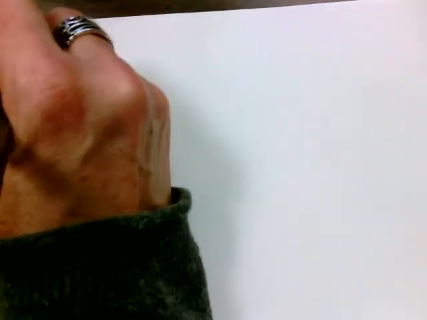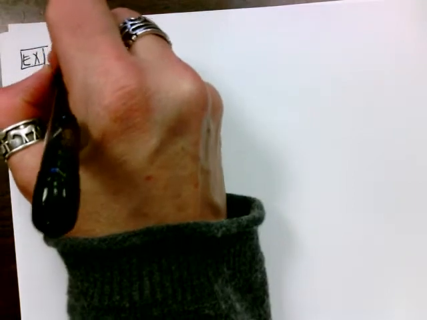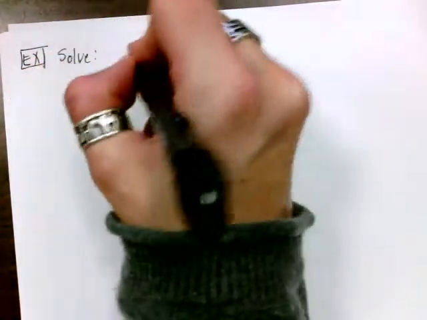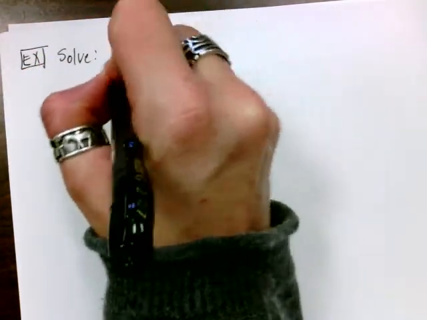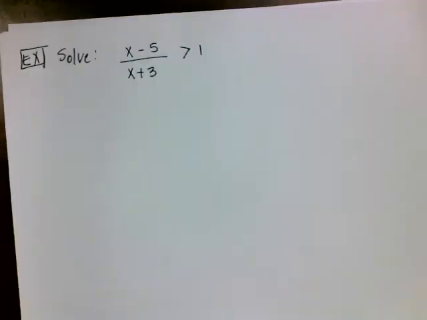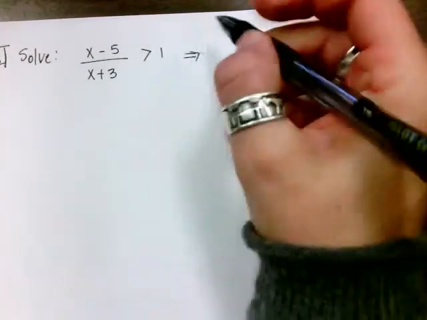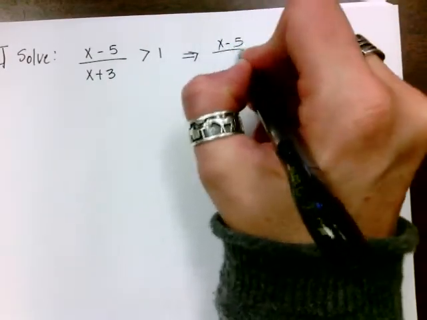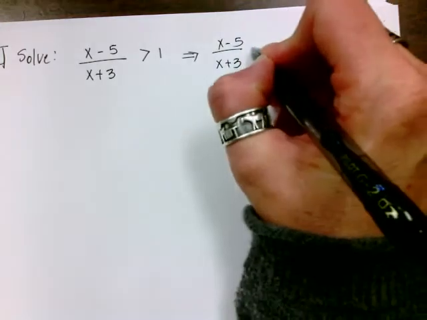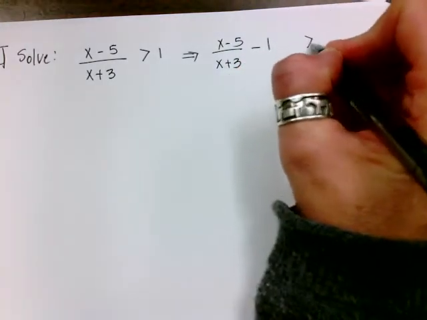All right, let's do yet another example, because some of these problems are just easier once you see lots of examples. Okay, so I'm going to have x minus 5 over x plus 3 is greater than 1. First step is to move everything to the left-hand side. So I'm going to have x minus 5 over x plus 3 minus 1 is greater than 0.